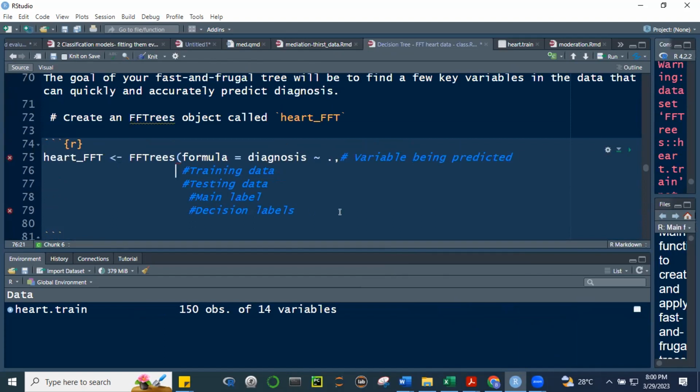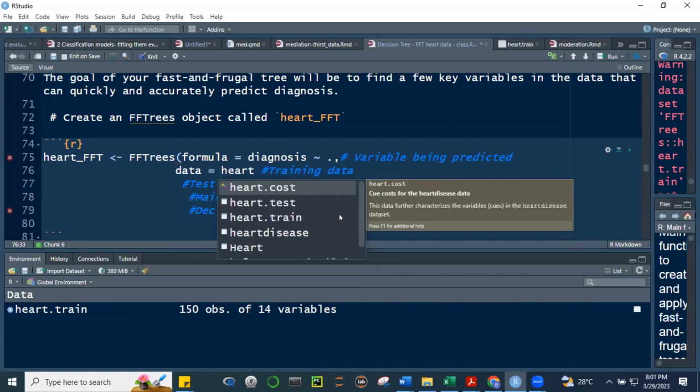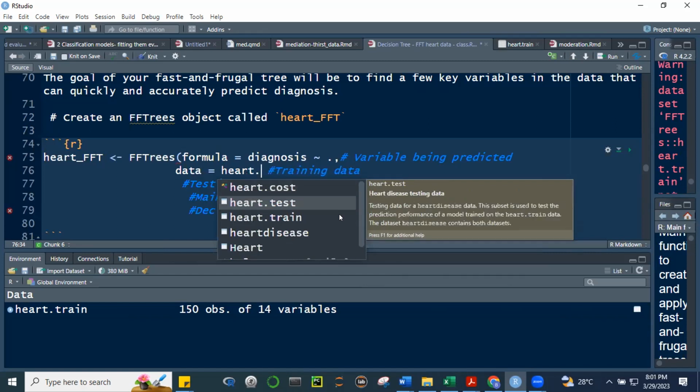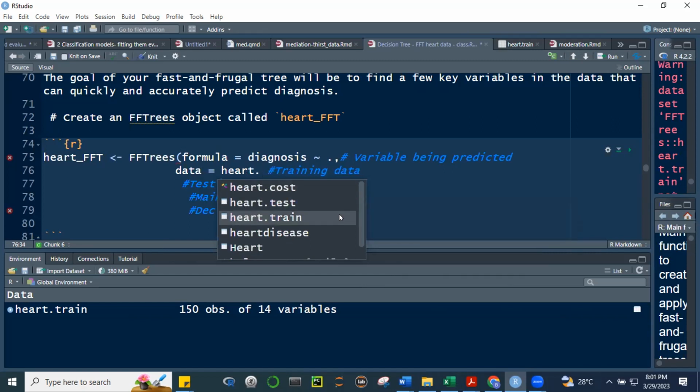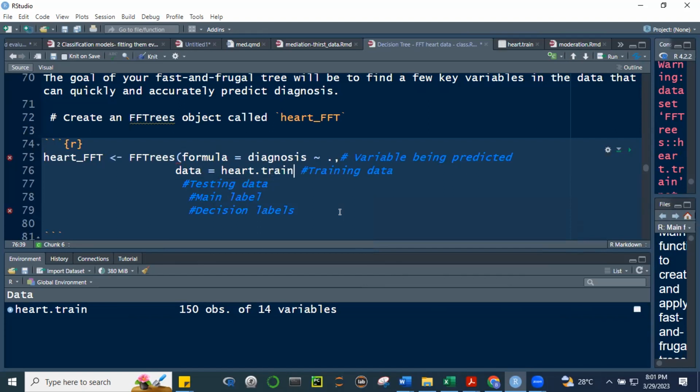All right. What is our training data? We have to define data is equal to heart.train, comma.